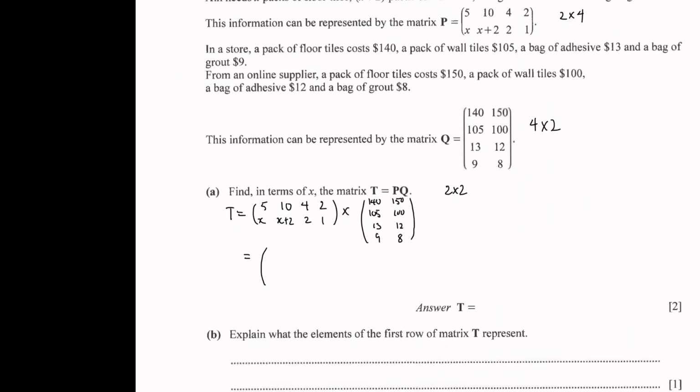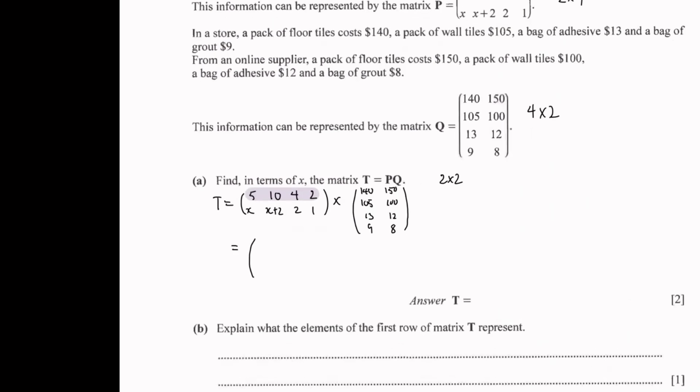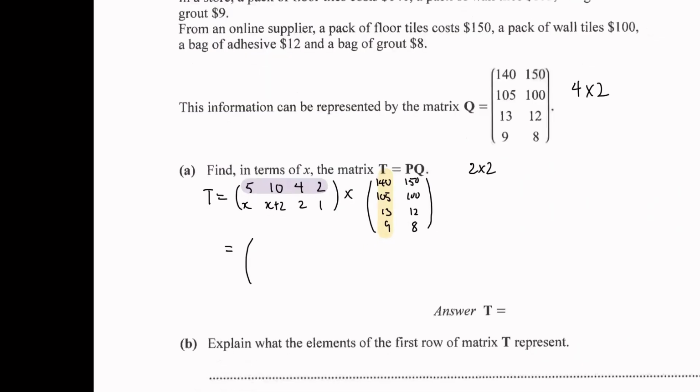So in the top left-hand corner, we are going to multiply the first row of the first matrix with the first column of the second matrix. So here is how it works. We have 5 times 140 plus 10 times 105 plus 4 times 13 plus 2 times 9.